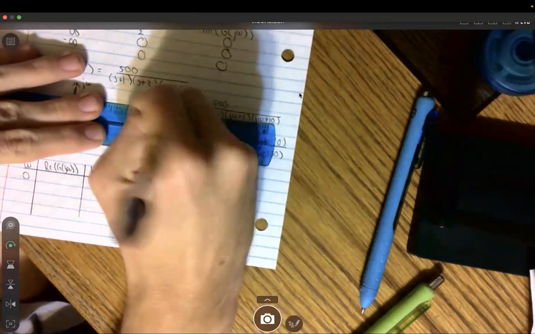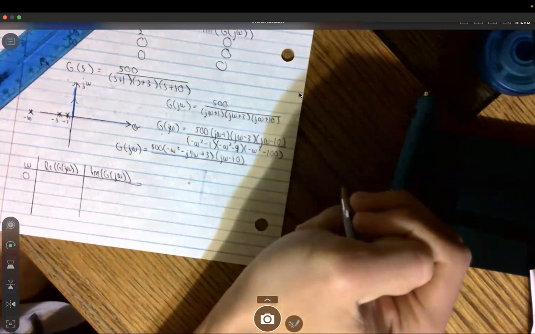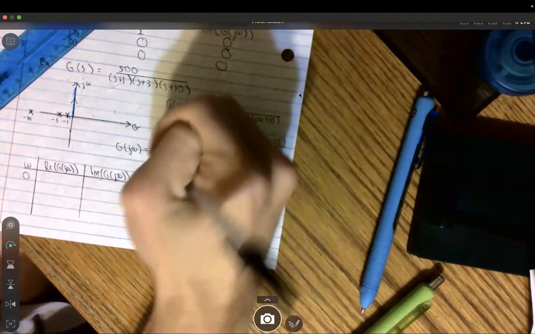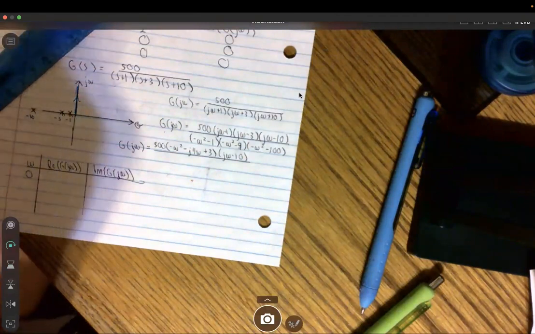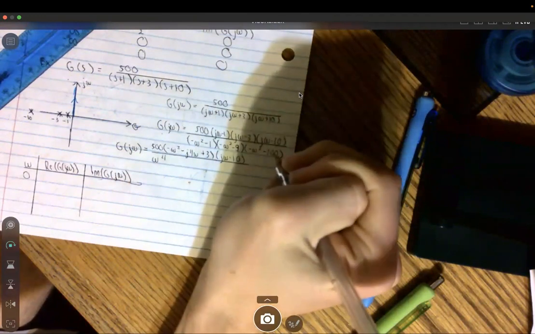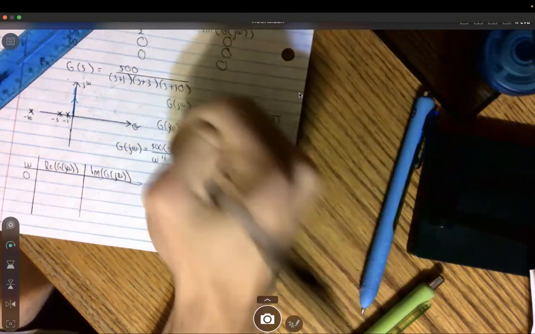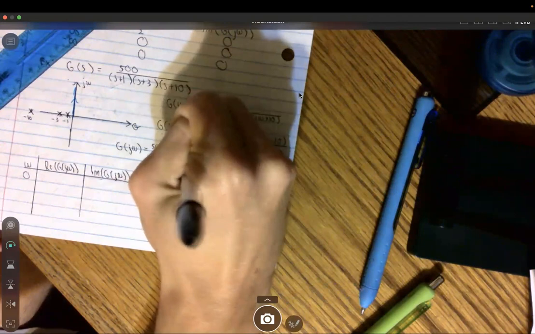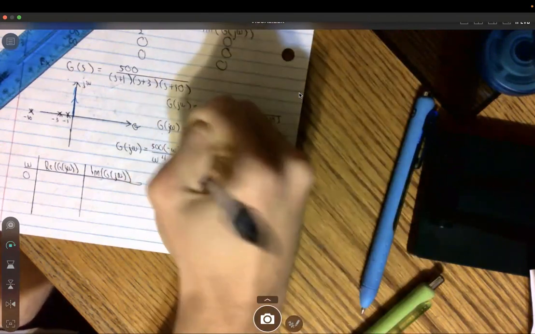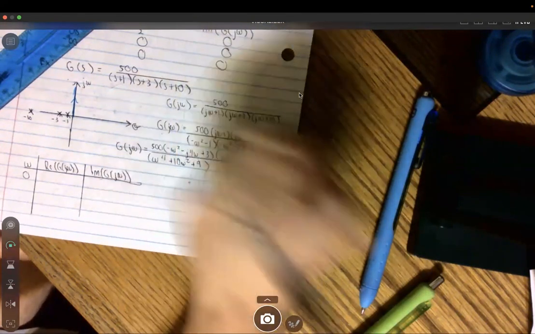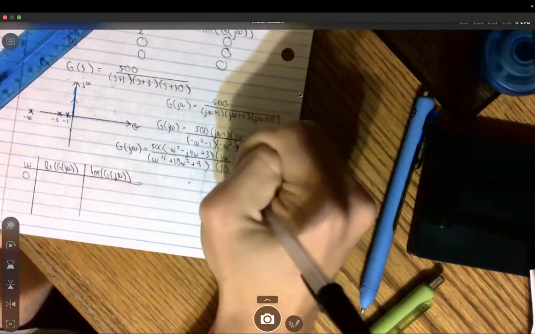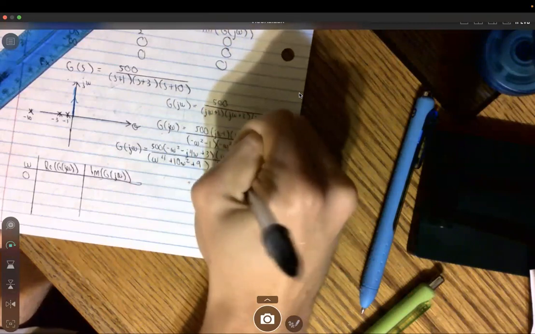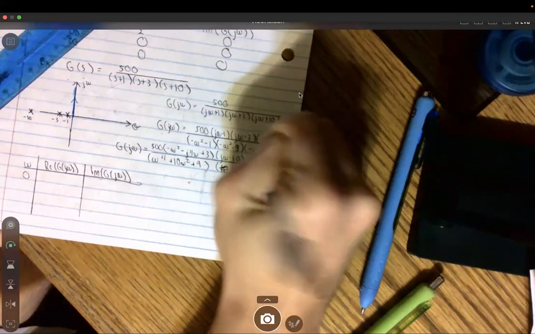And then all over here, if we have this factored out, basically, we're going to get an ω to the 4th, and then we're going to get plus 9ω squared plus, okay, so then plus 10ω squared. Then we're going to get a plus 9 times 100, or wait, no, that'd be still negative ω squared minus 100.